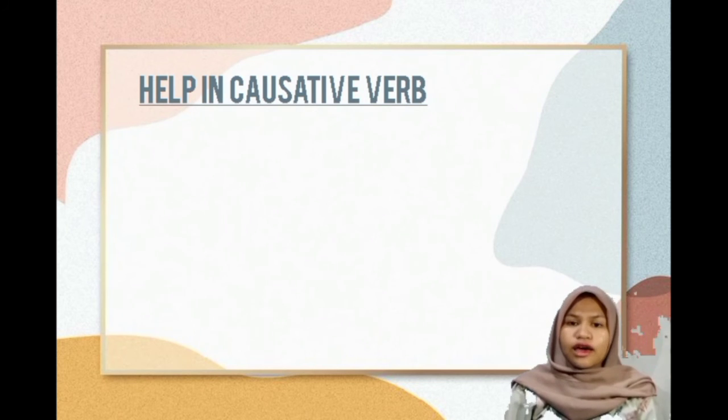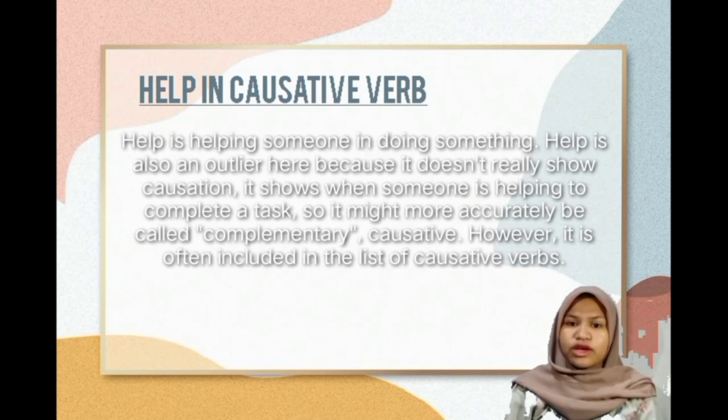Help is helping someone in doing something. Help is also an outlier here because it doesn't really show causation. It is when someone is helping to complete a task, so it might more accurately be called complementary causative.